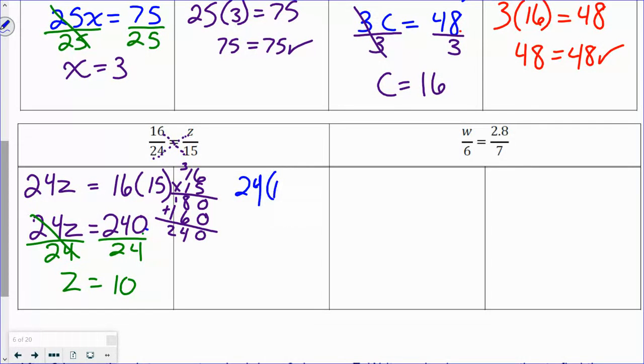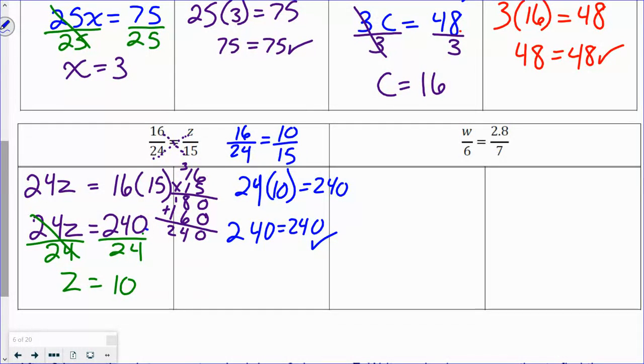I'm supposed to put my 10 equals 240. All right, well, 24 times 10 is 240. So far, so good. We are correct. Right, so all of that in hindsight is telling me that I know 16/24 is the same as 10/15. If I was to reduce all of these down, they would get the same ratio.